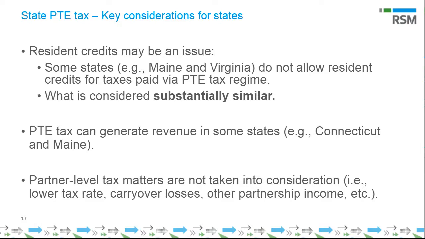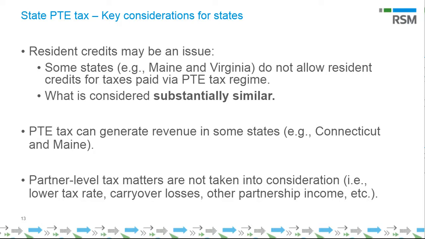And this is really where the analysis comes in, Dan, from a state perspective, in whether it actually makes sense to elect in. A good example: in New York, we had a Virginia-based investor in several of my clients' partnerships or entities, and basically all of his income was coming out of these partnerships.